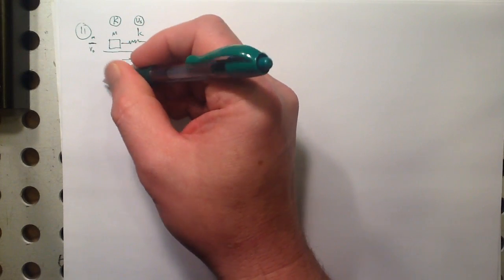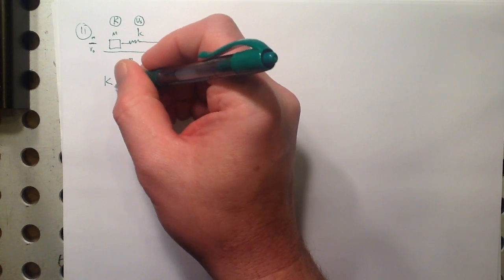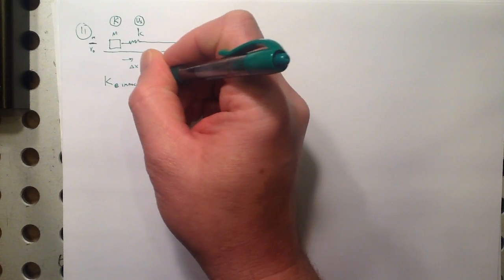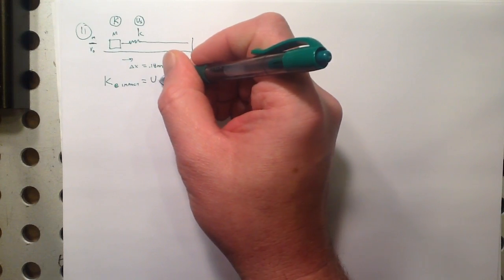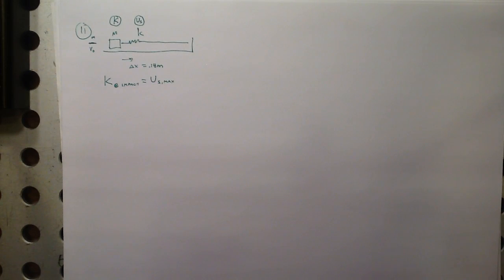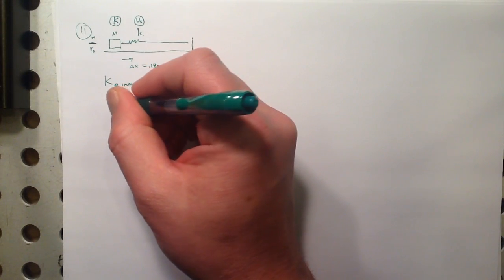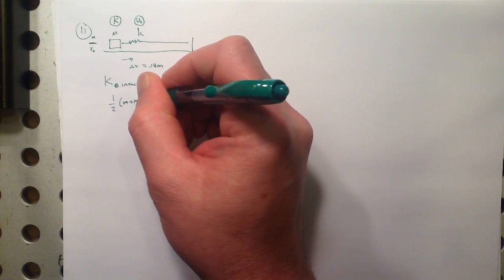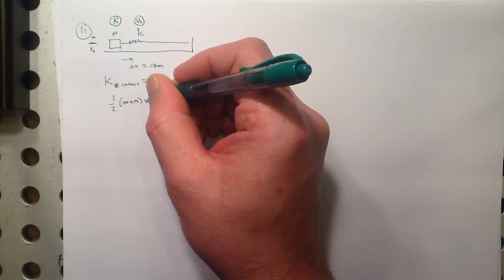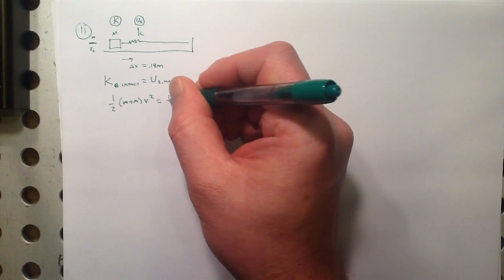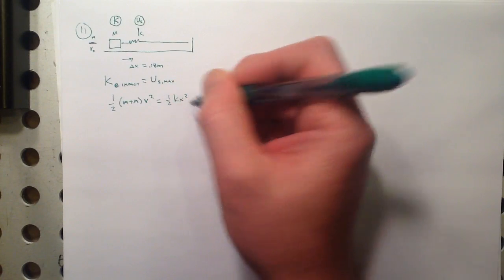So I know that the kinetic energy, say at impact, is equal to the maximum of the compression, right? So 1/2 m, they're both together now, v squared is equal to 1/2 kx squared.